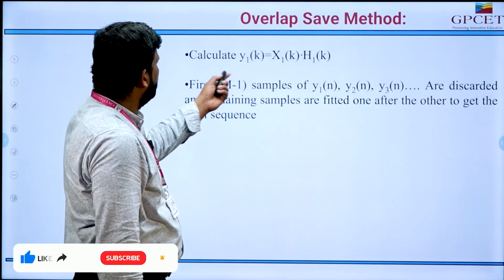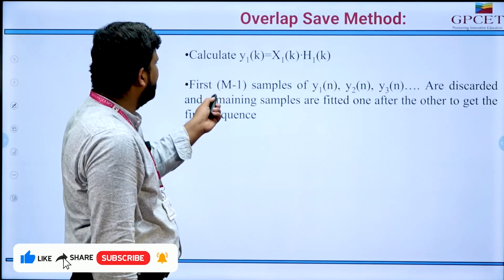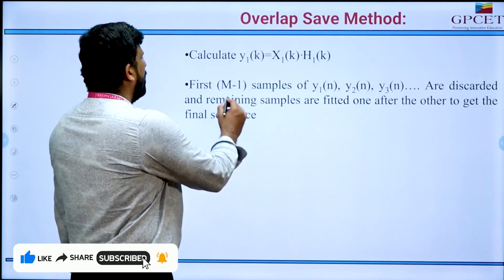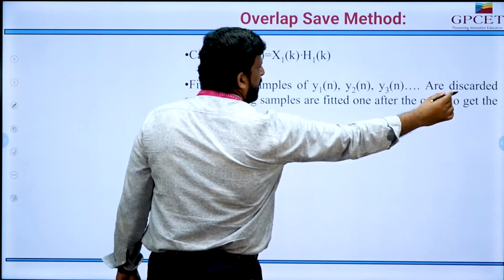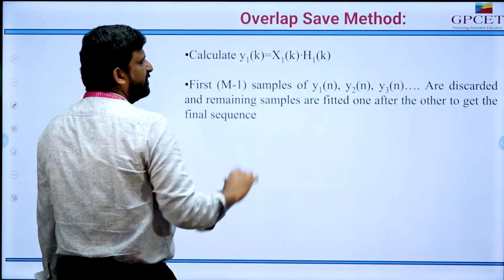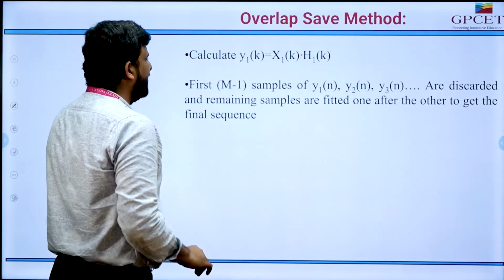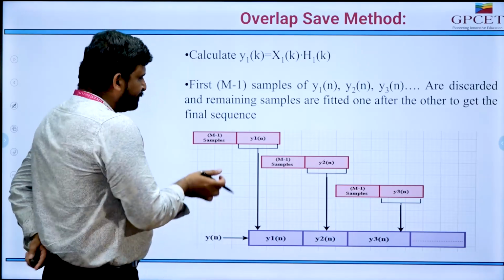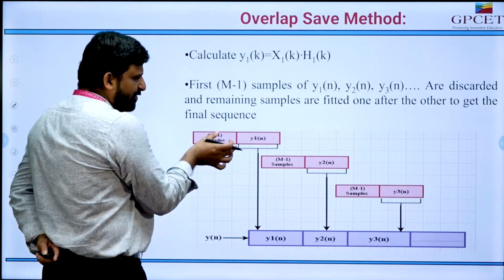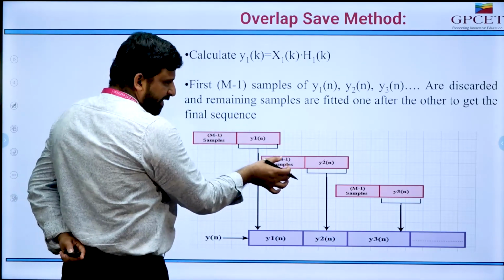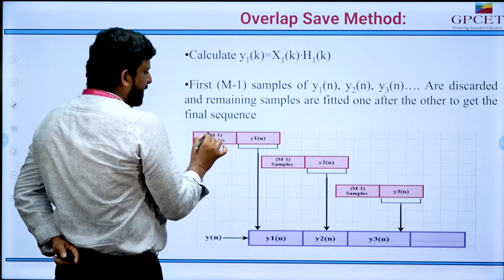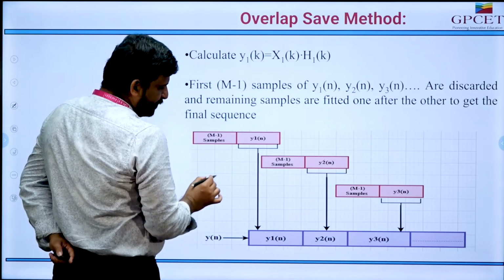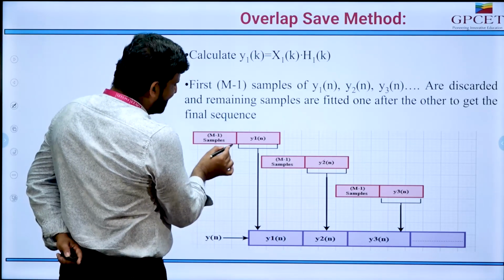So finally, in the sixth step, what are we going to do? From the samples we get, y1 of n, y2 of n, y3 of n, and so on, some samples are discarded and the remaining samples are fitted one after the other to get the final sequence. You can see this here: this is the first sequence y1 of n I got, second sequence y2 of n, third sequence y3 of n. Now M minus 1 samples are discarded.